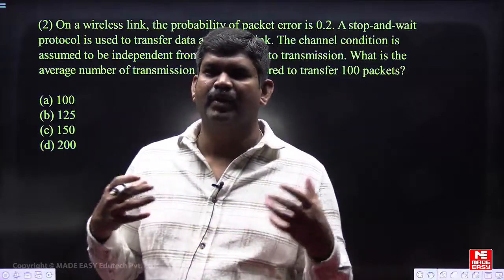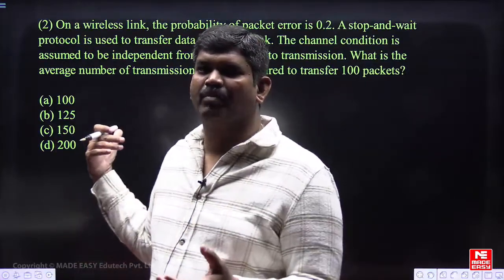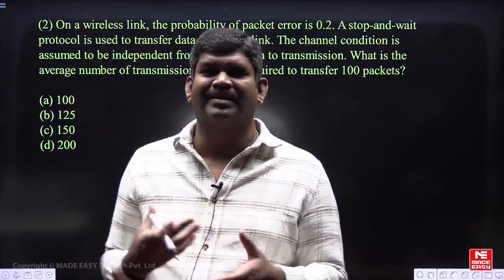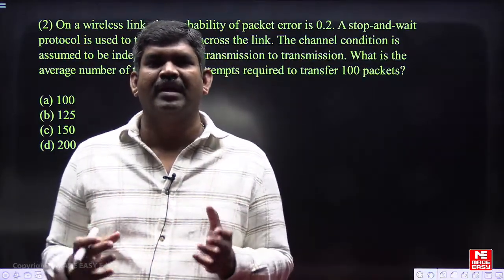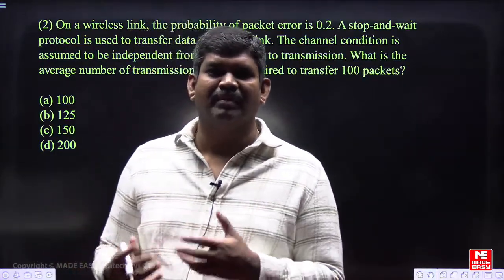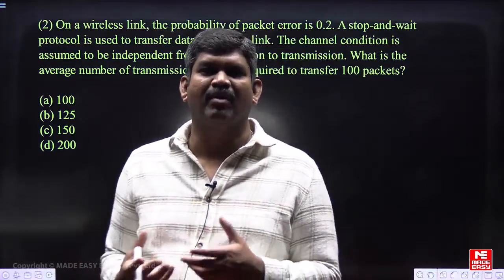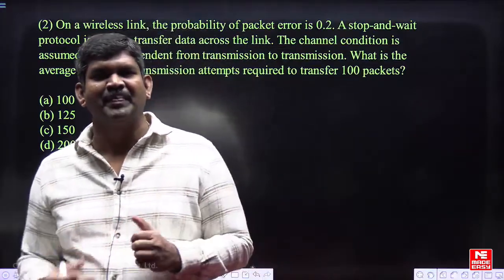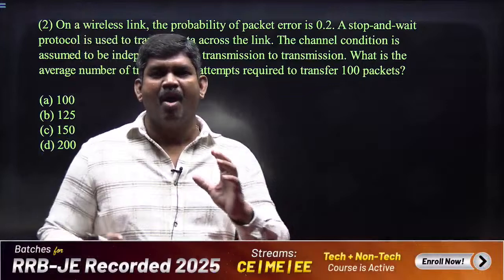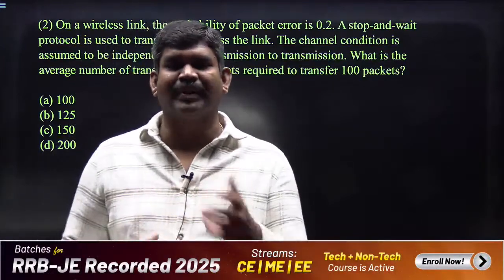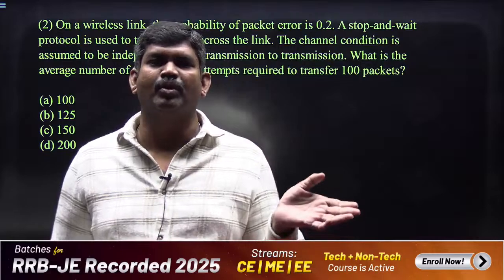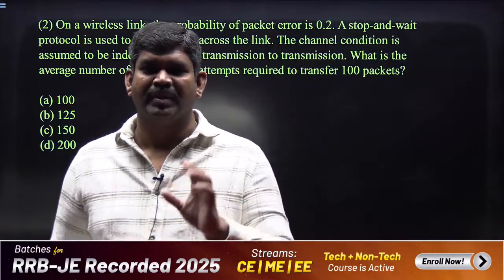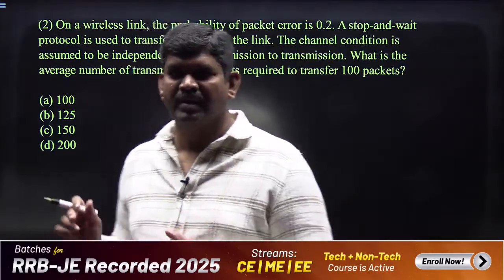But when you apply it to real-time situations like this probability, where you don't know the success rate because you are designing a reliability protocol, the meaning of mean is quite different from the general mean. Here the mean is on average how many times you transmit the same frame or packet again and again so that it is able to reach the destination. I have given the hint for this problem, so please try.